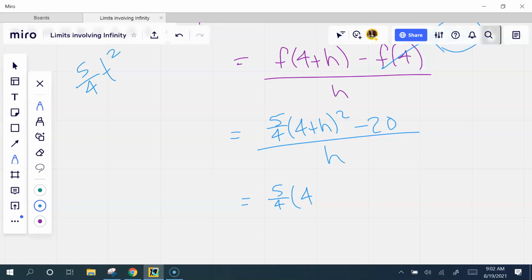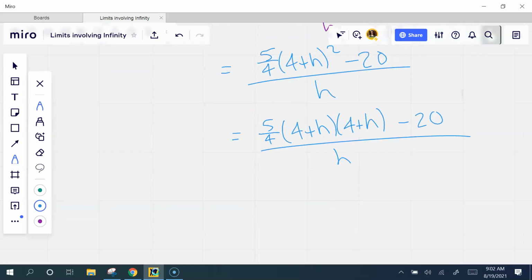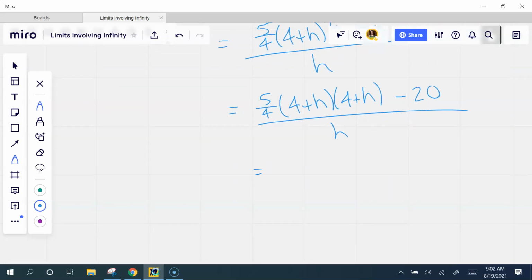Because it's t plus h for your instantaneous rate of change formula. Where did the square come from? The formula. 5 over 4 t squared.